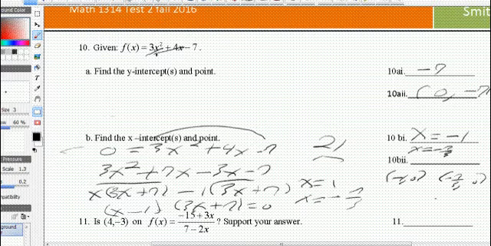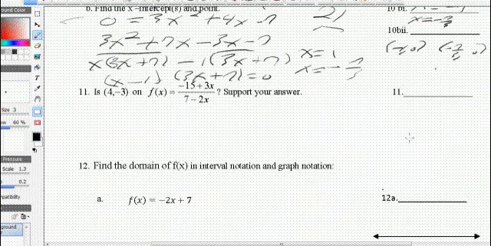Next part says, is negative 4, 3 on your graph? Well, this is an x, this is a y.